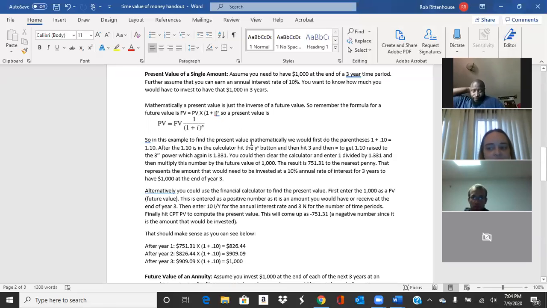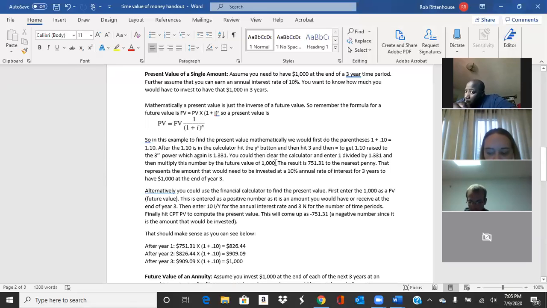So in this example, to find the present value mathematically, we first do the parentheses, 1 plus 10% to get 1.10. Then we have to do the exponent. Hit the y to the x button and 3 to get 1.10 raised to the third power, which is 1.331. You could then clear the calculator and enter 1 divided by 1.331 and then multiply that number by the future value of 1,000.